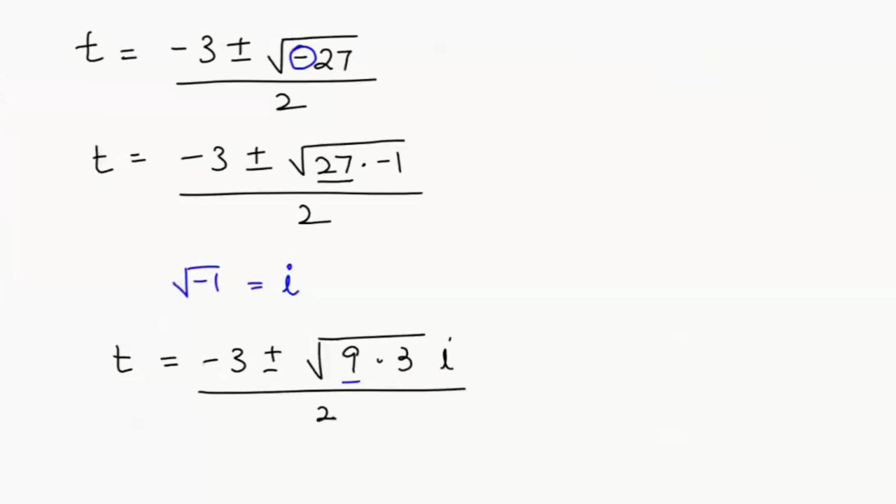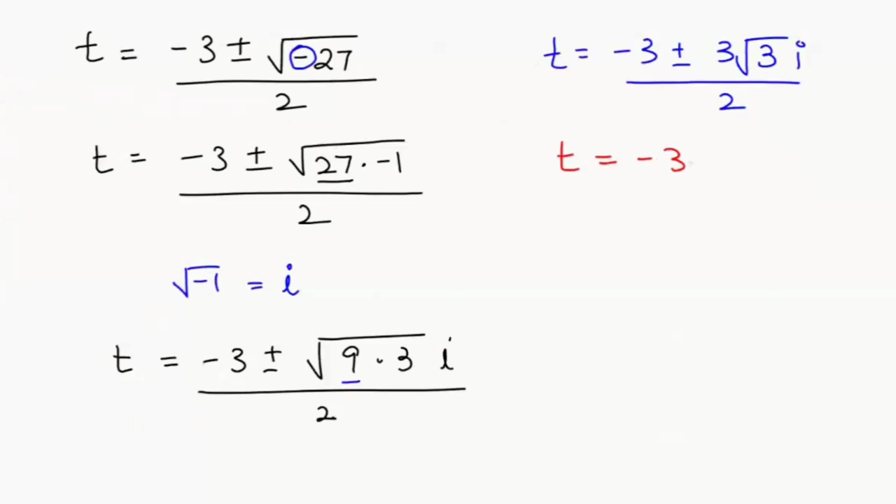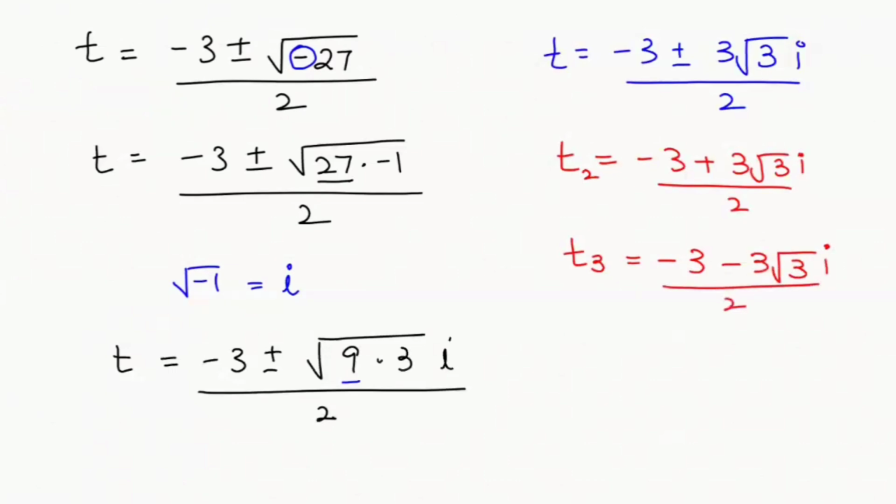And the root of 9 is 3, so t equals minus 3 plus or minus 3 root of 3 iota over 2. So here we get the two imaginary solutions: minus 3 plus 3 root of 3 iota over 2, which I name t2, and this is our t3 value, minus 3 minus 3 root of 3 iota over 2.